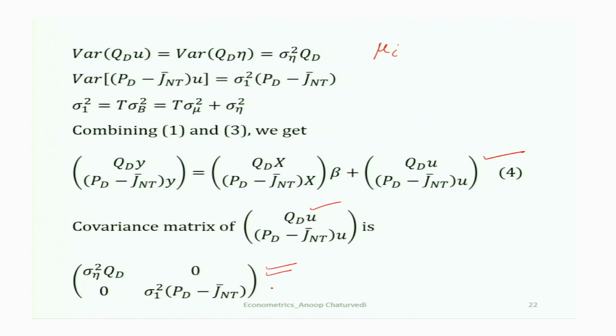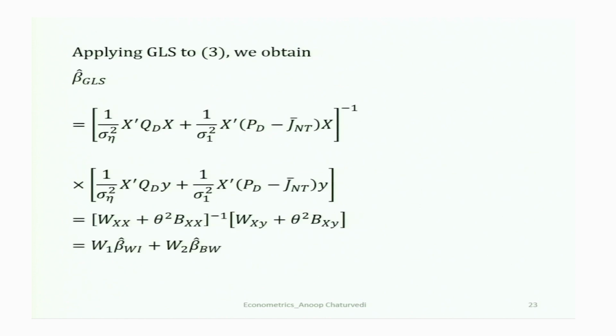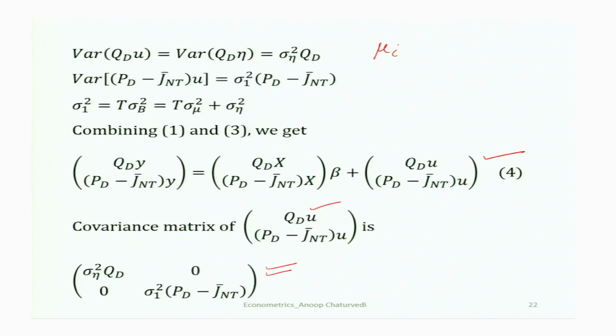So, you can apply the GLS procedure for estimating beta here, and the resulting estimator is beta hat GLS equal to, you get, 1 upon sigma square eta x transpose Q_d x plus 1 upon sigma 1 square x transpose (P_d minus J bar nT) x, whole inverse, from here.